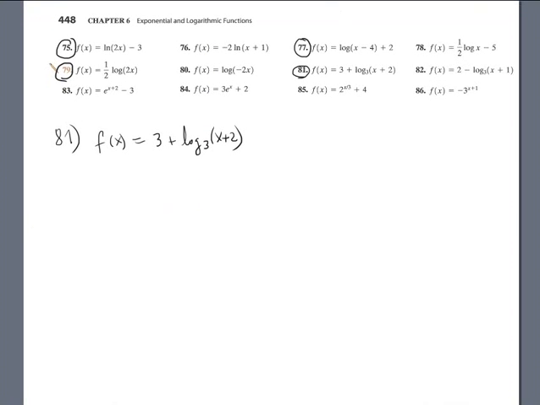Okay, we continue the homework for section 6.4. Now question 81. The domain of function f is all real numbers such that x is greater than negative 2, because the restriction is x plus 2 greater than 0. This is the domain.